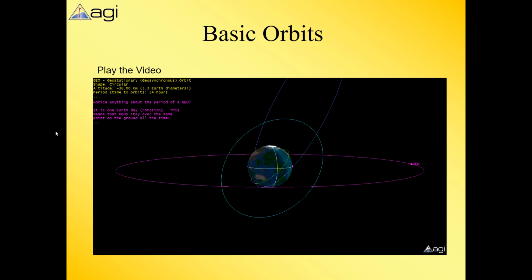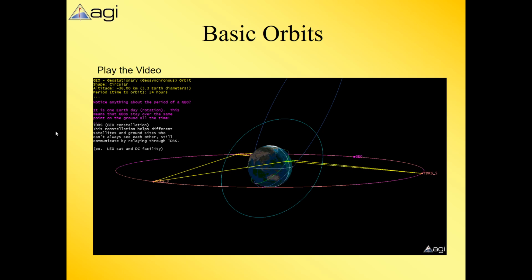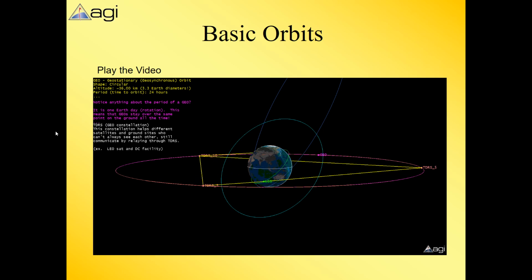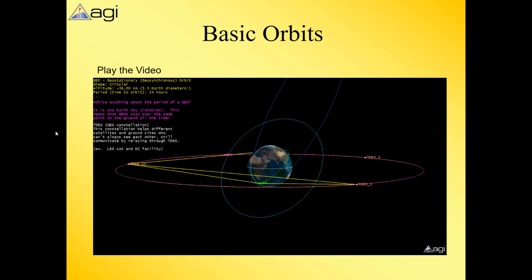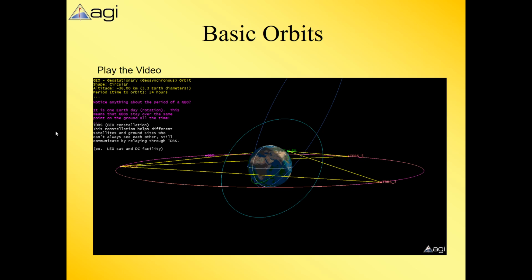And there's also low Earth orbit, geosynchronous orbit. And in case you didn't notice, geosynchronous means the satellite is orbiting the Earth in the very same amount of time that it takes the Earth to rotate once, which is a sidereal day, 23 hours, 56 minutes, 4.091 seconds. And that's slowly becoming longer.